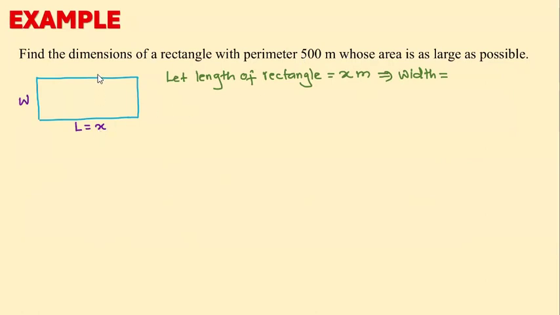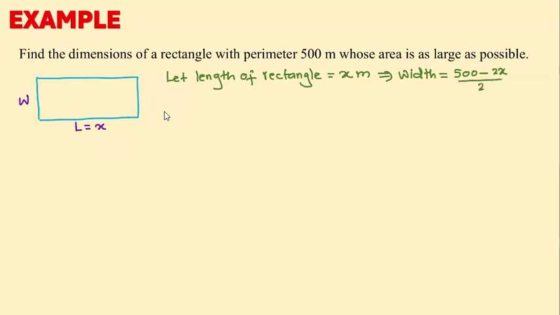So if this side is x, this side is also x. And if this is w, that is also w. So if you want to find the width, that is equal to 500, the total, minus, we subtract this x and this x. That is 2x. We subtract that, so the remaining is divided into two parts.